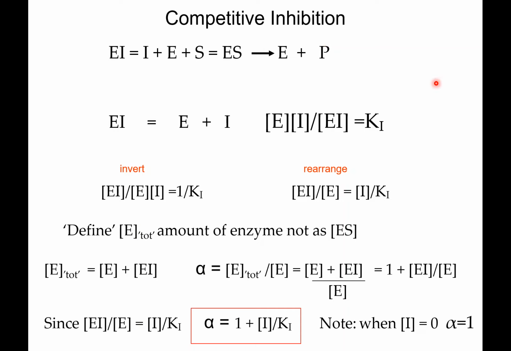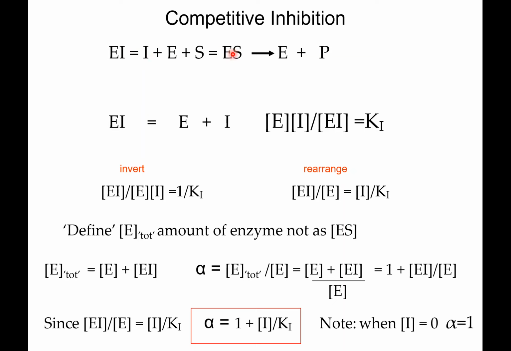The kinetics to this and the equilibrium, they get a little bit complex. So if we have our enzyme here, it can either bind with our substrate, and you should think of these as double-headed arrows.